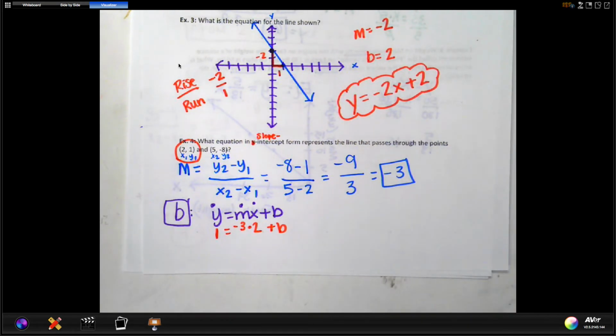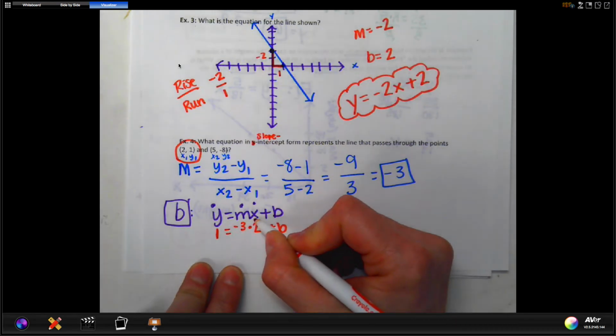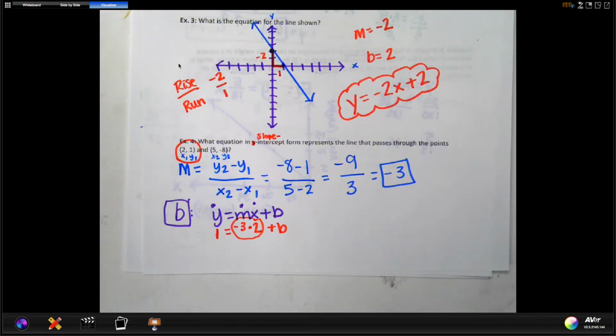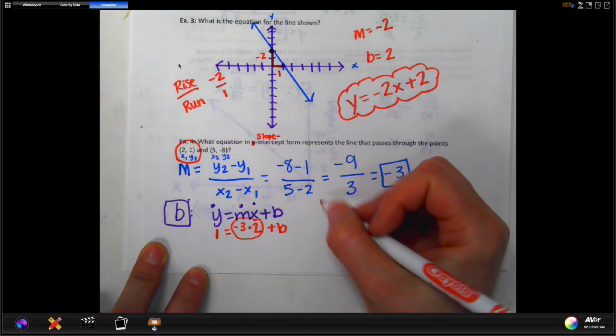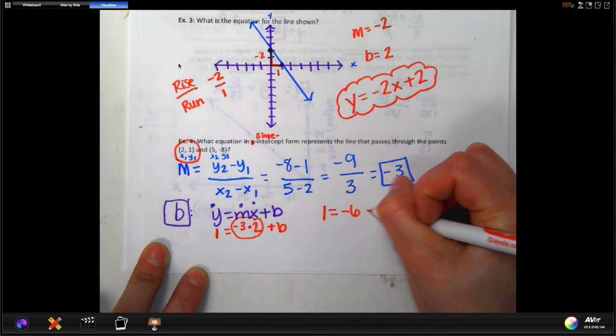The other mistake that students forget about and get confused is they forget that they can't just solve now. Always when you do this, there's going to be 2 numbers here that have to be multiplied together before you solve. Okay, so this is really, and I'm going to write this right here, 1 equals -6 plus b.